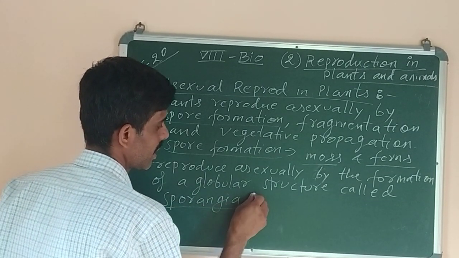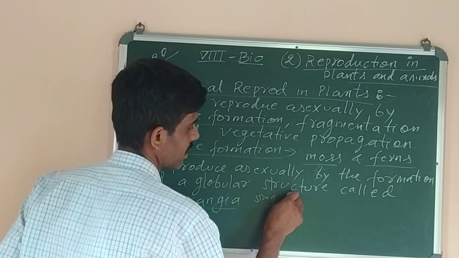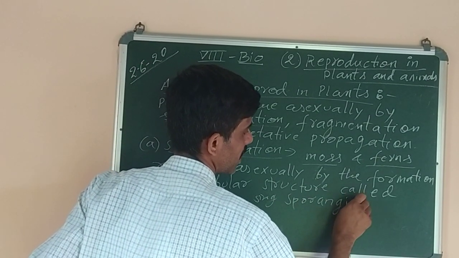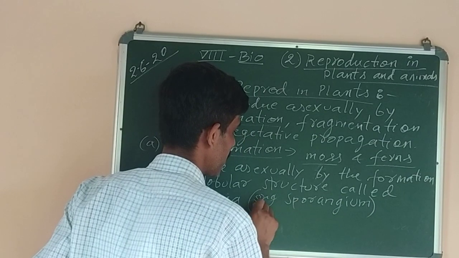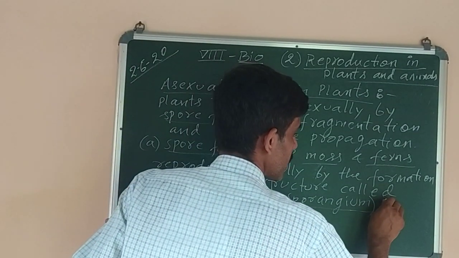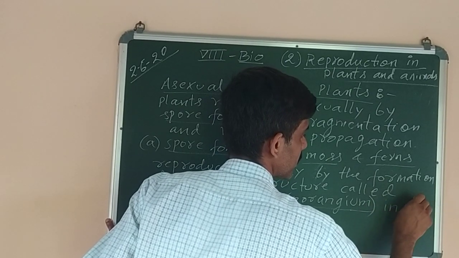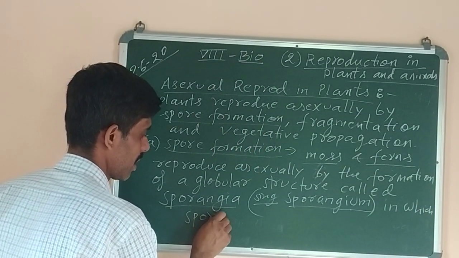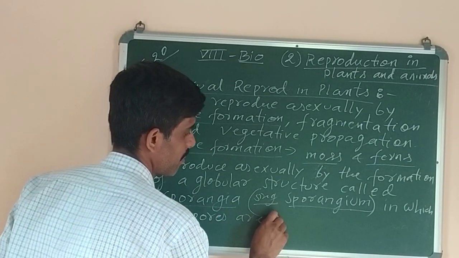Sporangia I have written. The singular of sporangia is sporangium. Spelling you can check, G-I-U-M, sporangium. Okay, this is the singular word, sporangium, in which the spores are present.